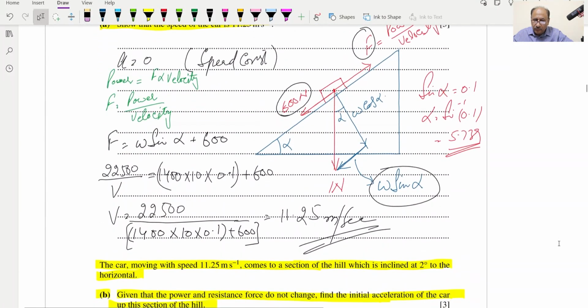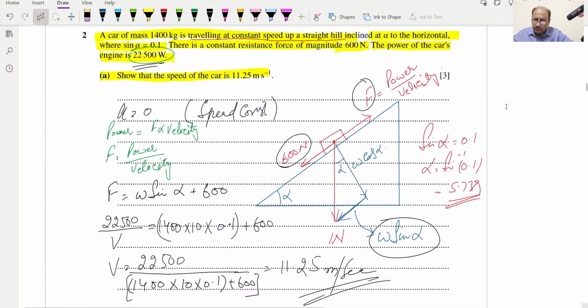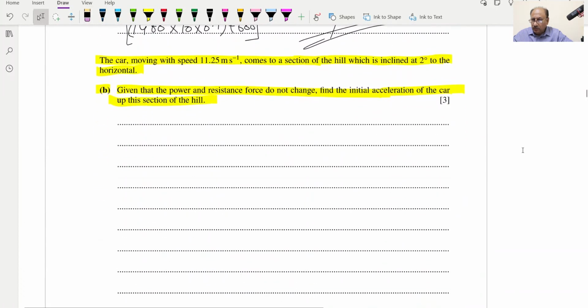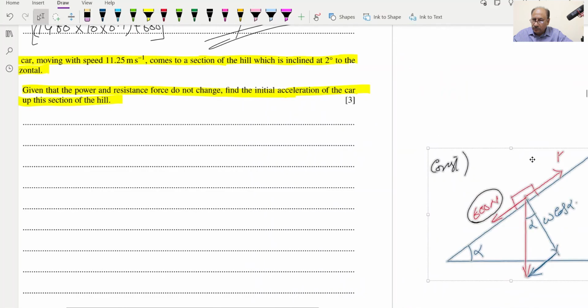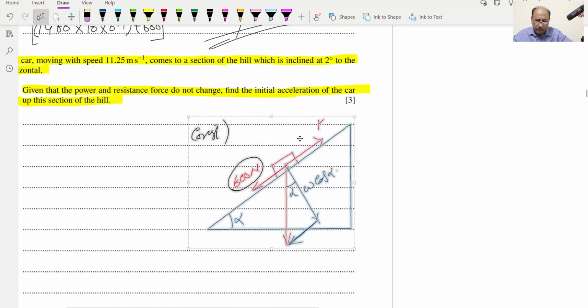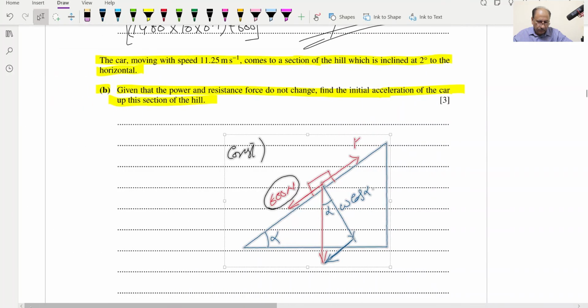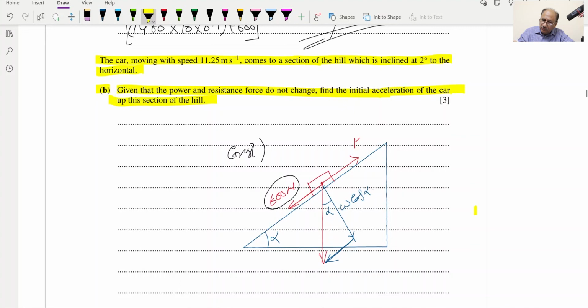So what we will be doing, we can use the same drawing, and we can paste it over here, and this will be the drawing which we can use further for our question, and extra things we can remove.